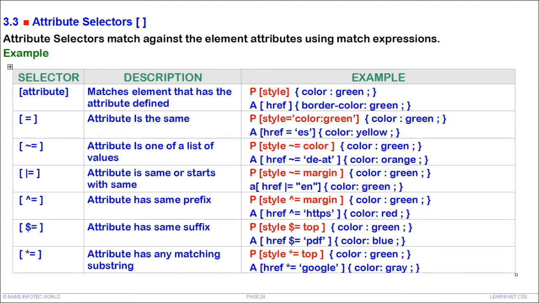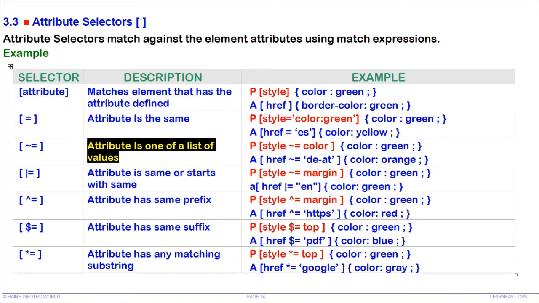So we can say any href hyperlink reference attribute that is equal to ES, and it will match those. We can also specify a list of values that the attribute must contain.